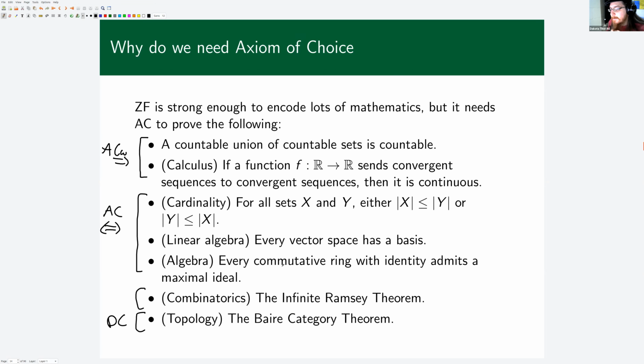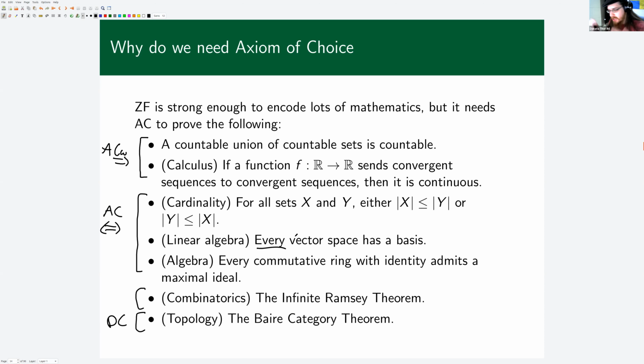All right. One thing I want to say is that for a lot of these existence statements, like this one about every vector space having a basis, once you have one, you can, using just statements about ZF, prove the existence of many others.